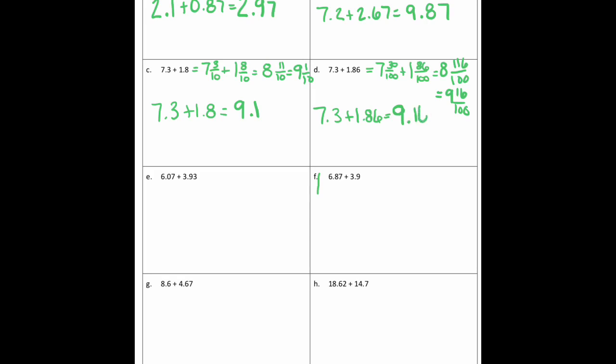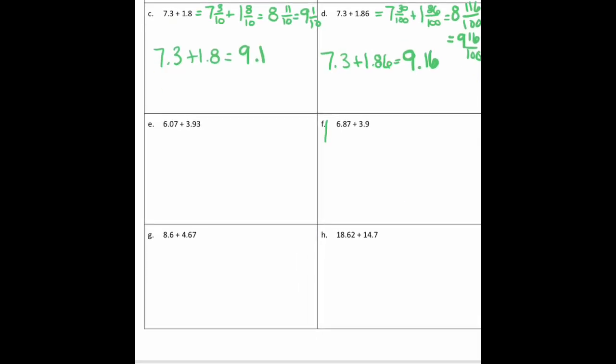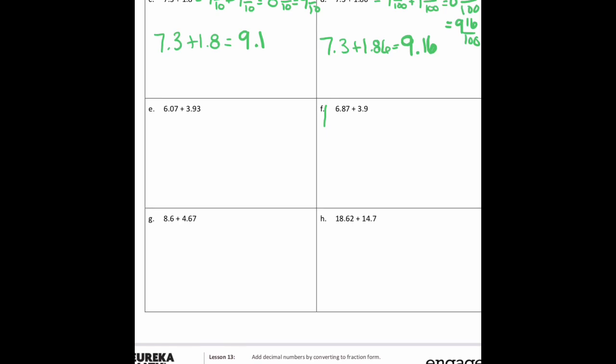There we go. Alright. On part E, we have 6.07 plus 3.93. And if we wrote that as fractions, we'd have 6 and 7 hundredths plus 3 and 93 hundredths. So I'd write, hold on, my pencil's not working.